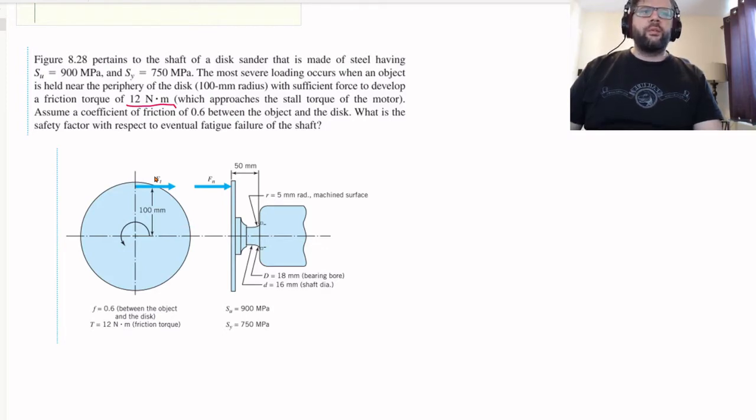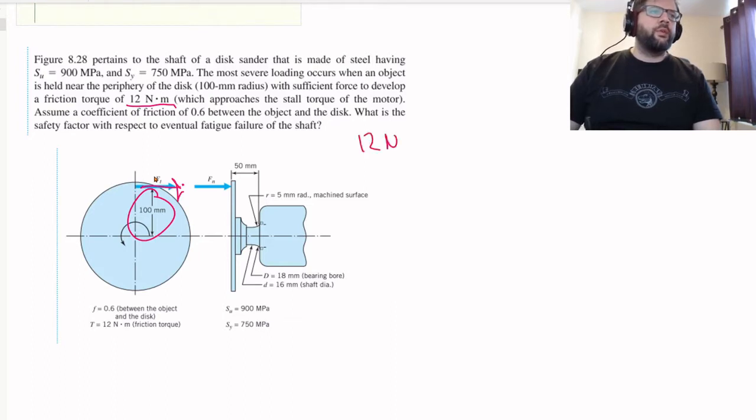So if we have this force here, it's being applied over a 100 millimeter span here. That would be the amount of torque generated.